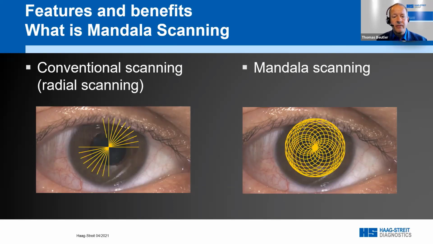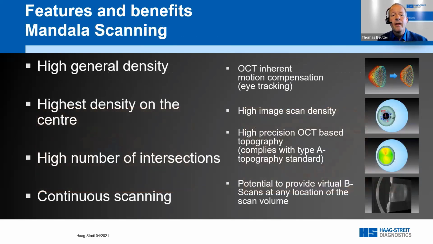So have a little bit more detailed look at it. Because of this circular pattern, we have a high density throughout the entire corneal surface. As said before, we have multiple intersections, not only on the apex, but also throughout the entire corneal surface. This allows OCT inherent motion compensation. We have the highest density again in the center.